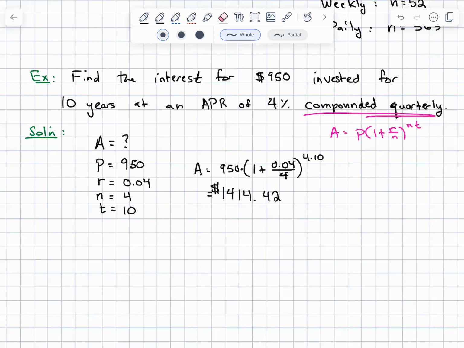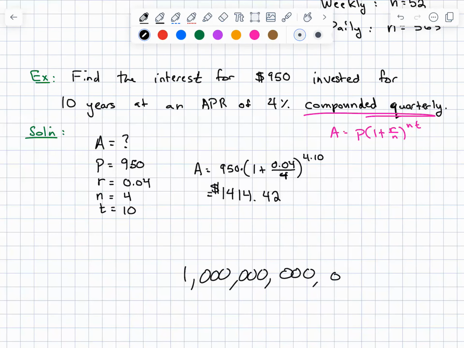A thousand, million, billion, trillion. So that's 12 zeros, so this is actually 3 more zeros. That's what you would get if you used 4 instead of 0.04.